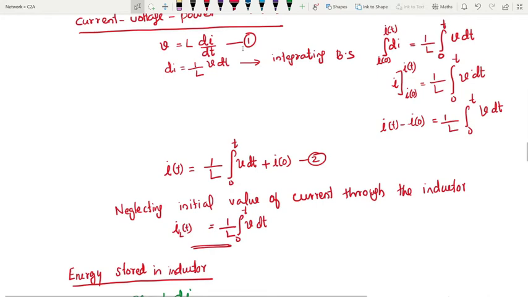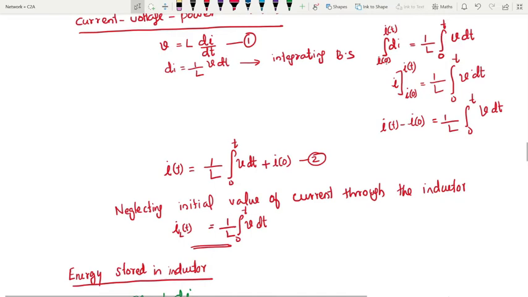From equation number 1, we can write down the expression for di like this. di is equal to 1 by L V dt. Now in this equation, we can integrate both sides. Integral di, the current increasing from I0 to I(t), is equal to 1 by L integral, where dt is the variable, so time is increasing from 0 to t.